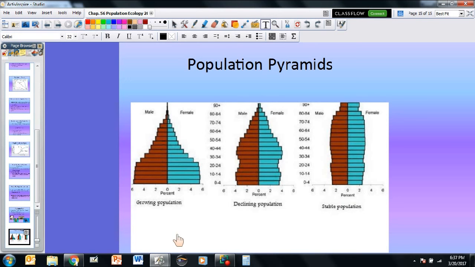This shows that you have fewer individuals that are or will be reproducing than are passing away. If you look at a stable population, the base, the middle, and the top are approximately the same size. This shows that the number of individuals that are reproducing are equal to the number of individuals that are passing away. We'll be looking at some more population pyramids in class.